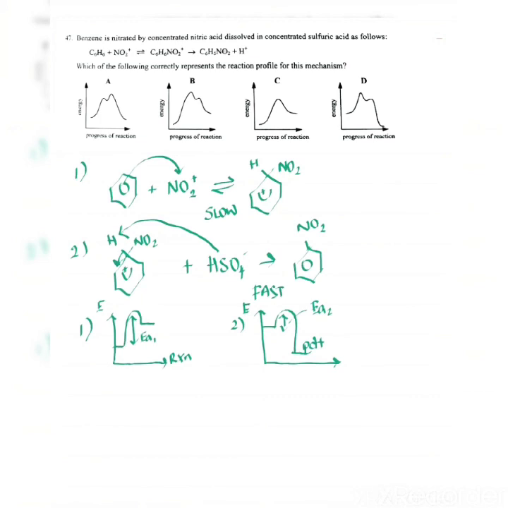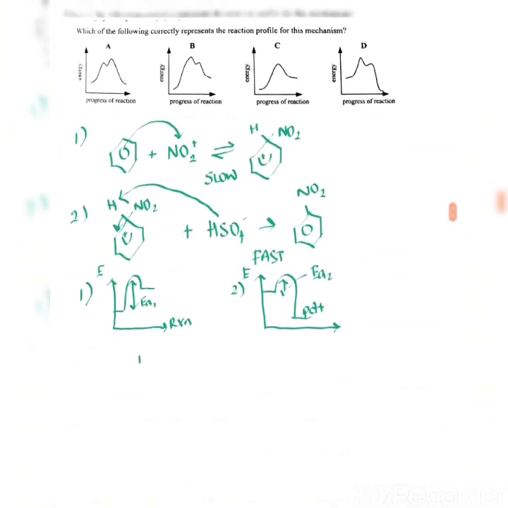So right now, in order to obtain our answer, we have got to combine the energy reaction pathways for both these steps in order to get the reaction profile for the overall mechanism. So what happens is you will have this overall axis, and nitration of benzene, just to let you know, is an exothermic process.